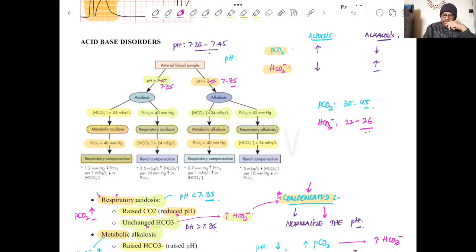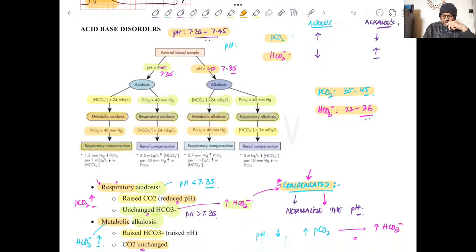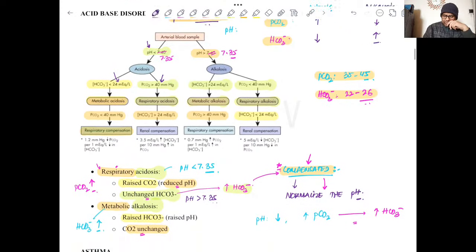So these are the normal ranges which one should remember. Clear? Many times we might find the average values, so in this graph you can see average values. Otherwise, we always mention them in terms of range.